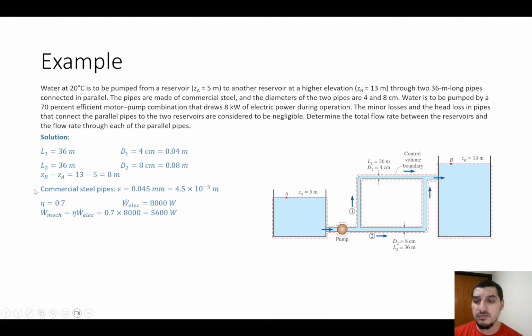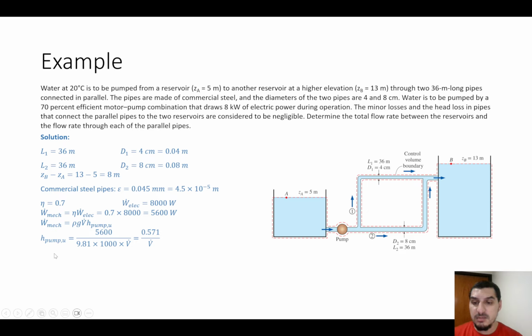So from this we can find the mechanical work, which is the efficiency times the electric work, which is 5,600 watts. And from this we know that the power is m g h pump, or rho g V dot h pump. So from this we can find the relation between the pump head and the volumetric flow rate, which we don't know.